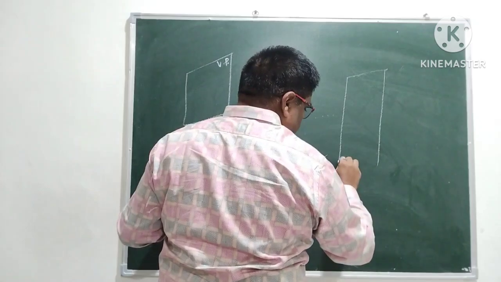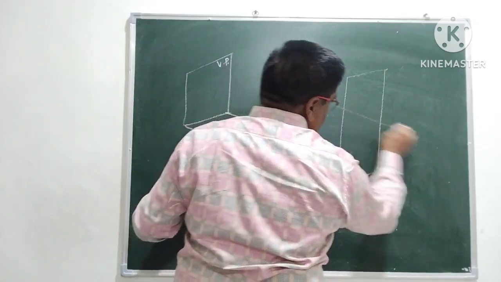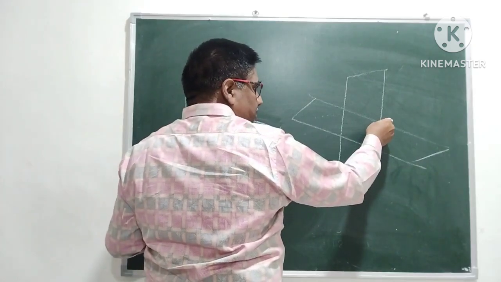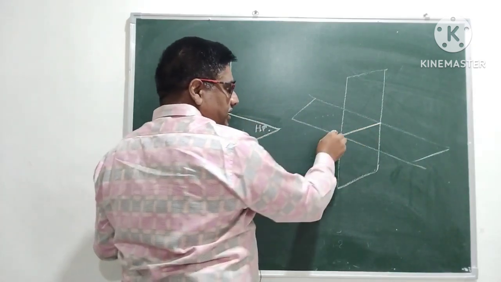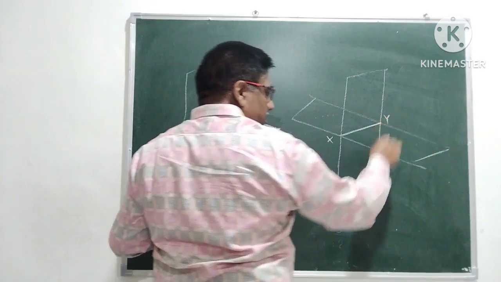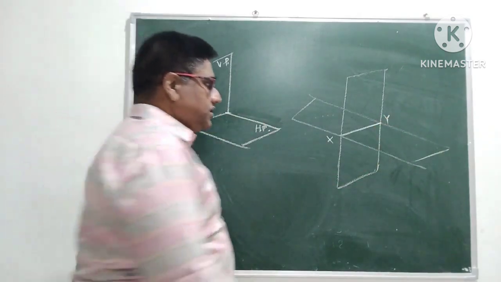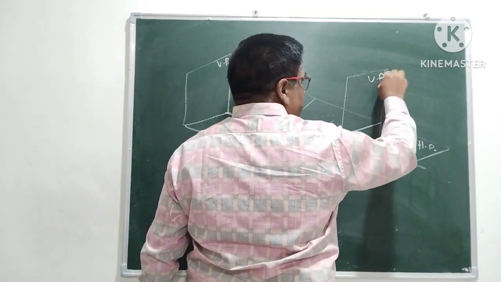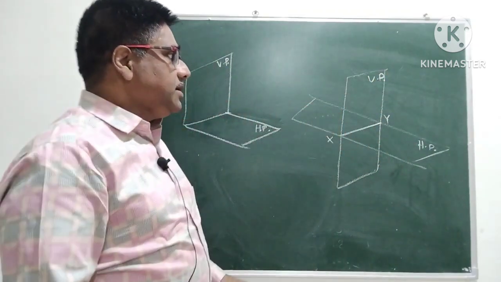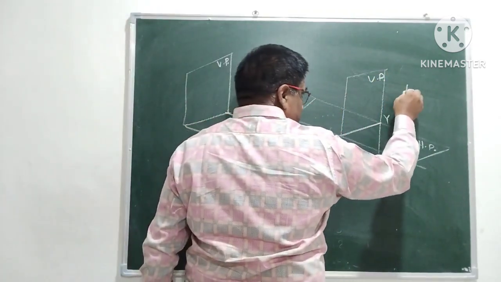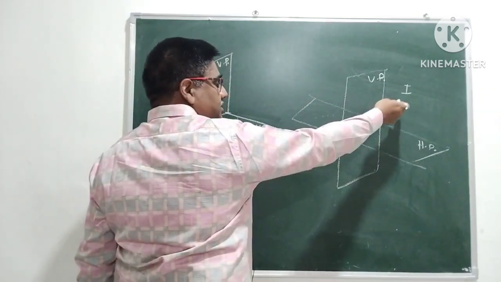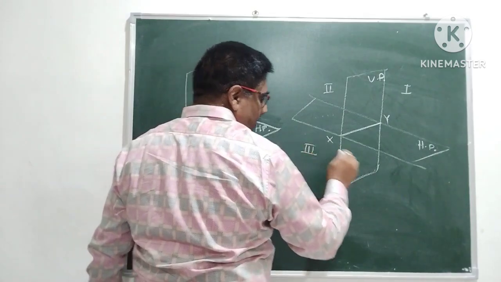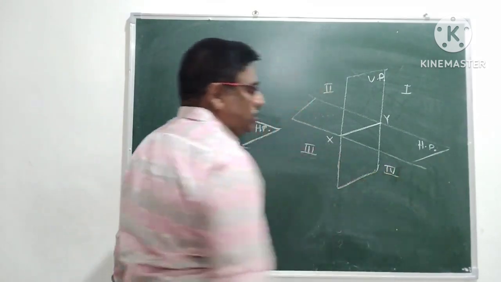If we take a vertical plane and a horizontal plane, keeping these two planes at 90 degrees, we get this reference line, that is the line common to both the planes. By using these planes, we get four quadrants. This is the first quadrant, this is the second quadrant, this is the third quadrant, and this is the fourth quadrant.